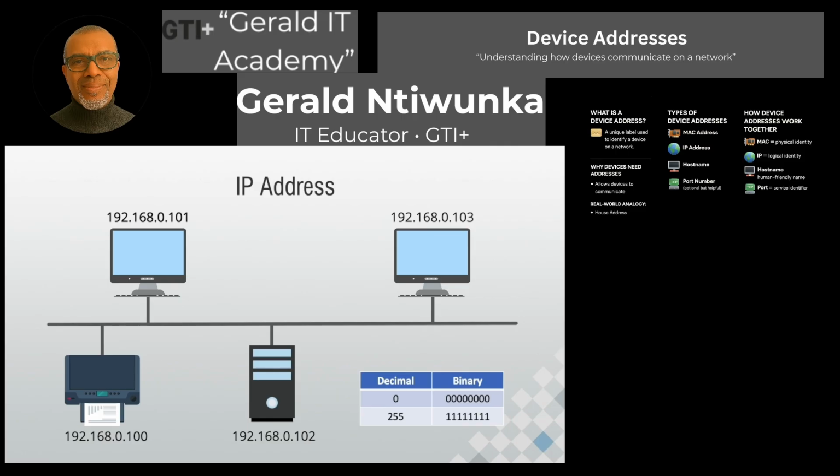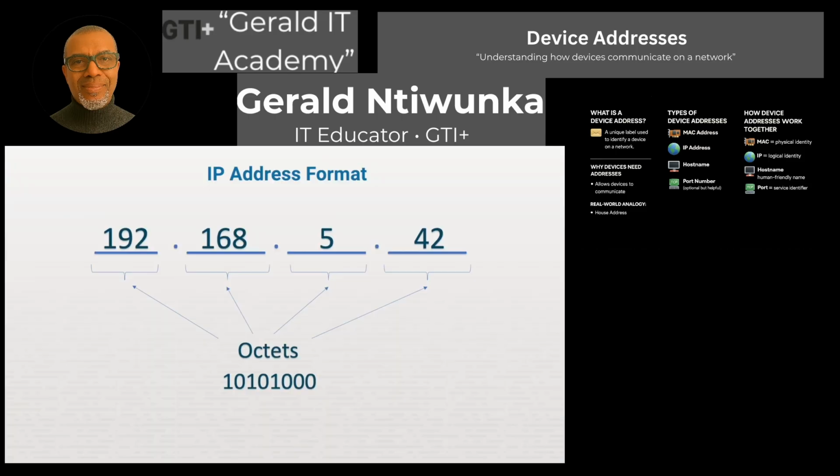The format for an IP address is 4 numbers between 0 and 255, separated by periods. Each segment of the address is called an octet. You can see in the diagram they are separated by a period.